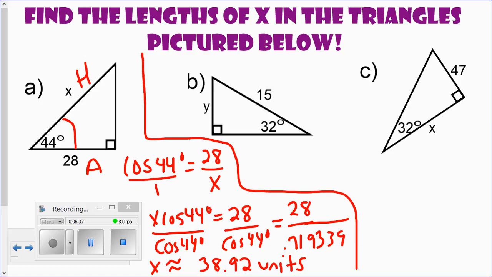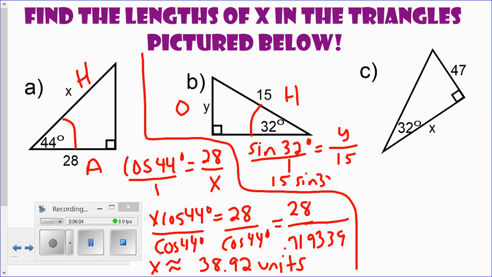So we'll first decide what we're dealing with here. This is my reference angle. I'm seeing opposite from that, and I'm seeing hypotenuse. The ratio involving opposite and hypotenuse is sine. So sine of 32 is equal to opposite, which is y, divided by hypotenuse, which is 15. So I'll put that over 1 and cross multiply. 15 times the sine of 32 degrees is going to be equal to 1 times y, which is y.